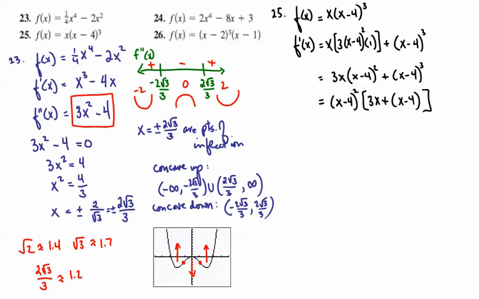When we multiply two numbers with the same base, we add exponents, so 2 plus what equals 3? 2 plus 1 equals 3, and so we have (x minus 4) to the second times (3x plus x minus 4), which is 4x minus 4 to the first. Alright, that's our first derivative.